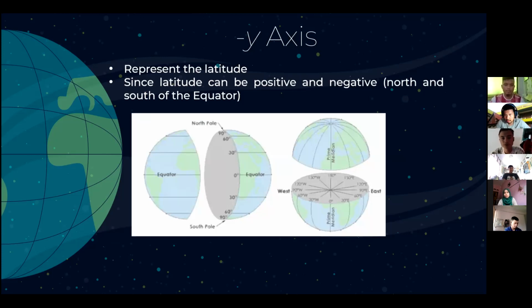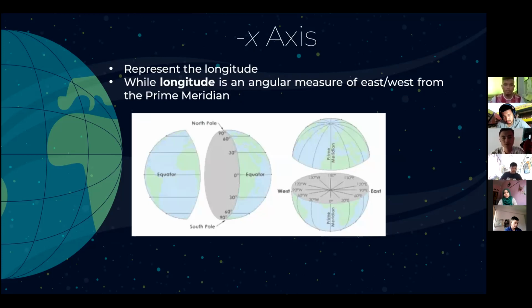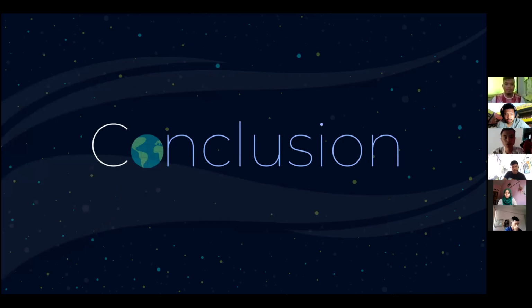Next slide. The X axis represents the longitude, while longitude is an angular measure of east and west from the prime meridian. Now I want to pass to our last presenter, YB, or we call him Hairul.